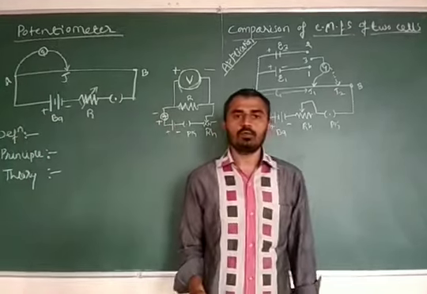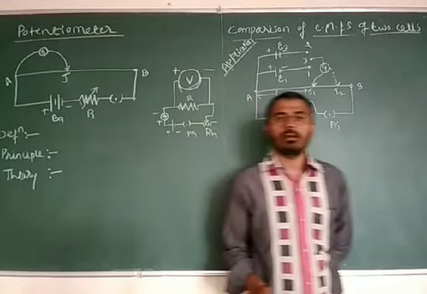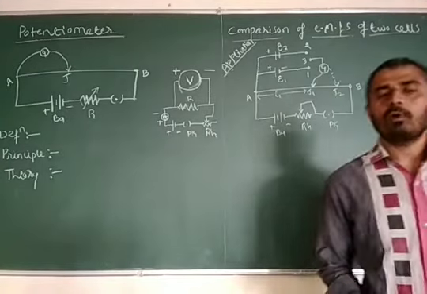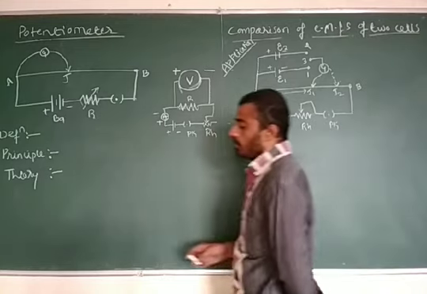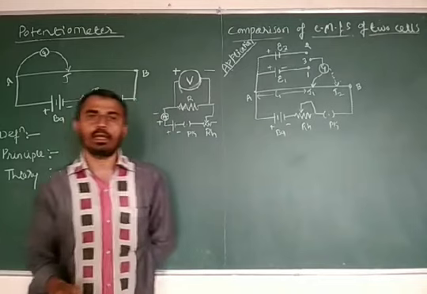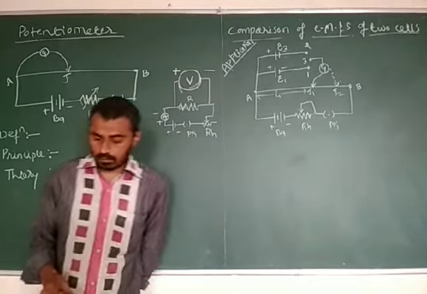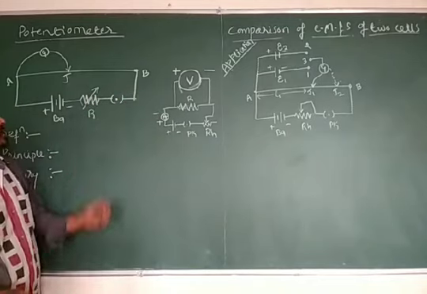The instrument used to measure the unknown EMF of a cell, or the potential difference between two points in any electrical circuit, is called a potentiometer.